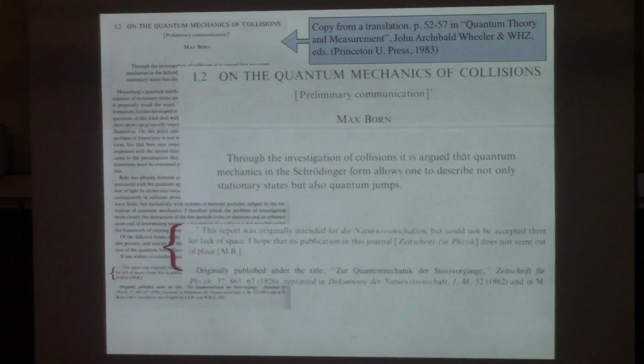Electrons were hitting atoms, and he was interested in relating the wave function that describes electrons to the outcomes of measurements. I mean, the obvious question. Page 1 has a footnote: this report was originally intended for Die Naturwissenschaften, which was a good journal, like Nature, but it could not be accepted there for lack of space.